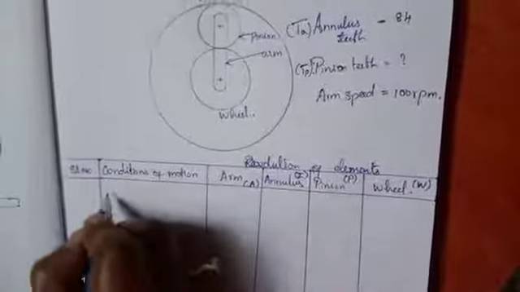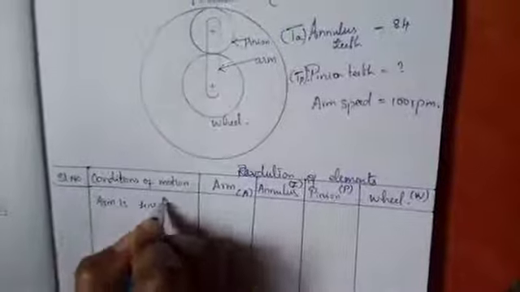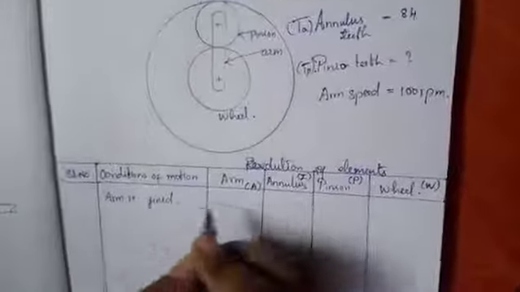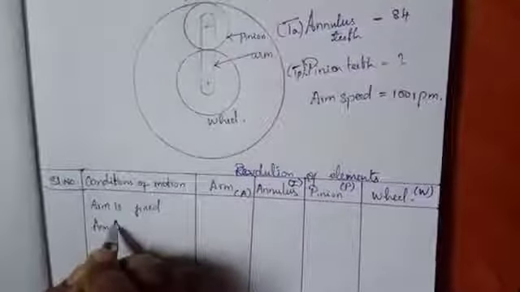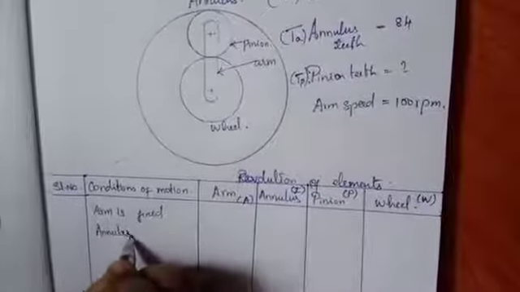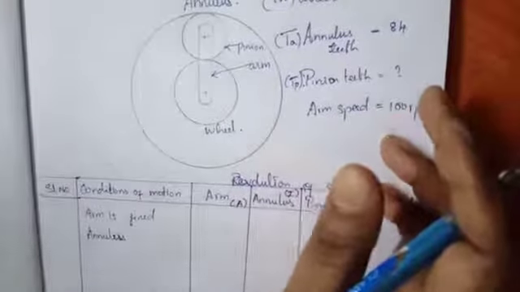Now I already told you that the arm is fixed. So you have to assume that the arm is fixed, and I am starting from the annulus. So the annulus takes any one revolution. In the problem they simply ask what the speed is when fixed, so they did not give any rotation.